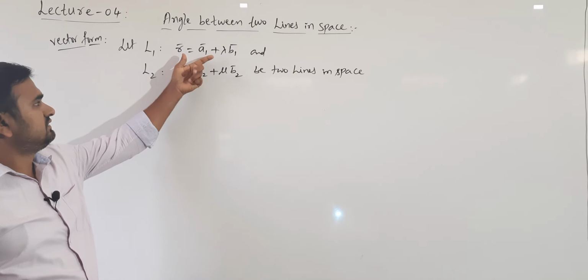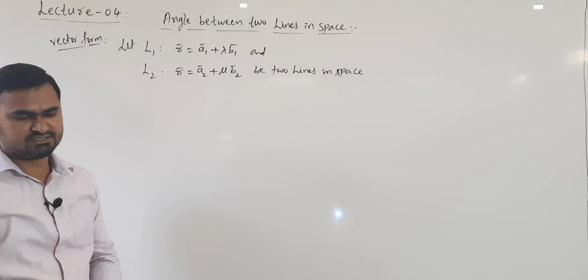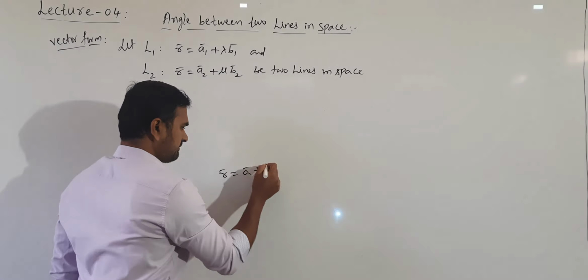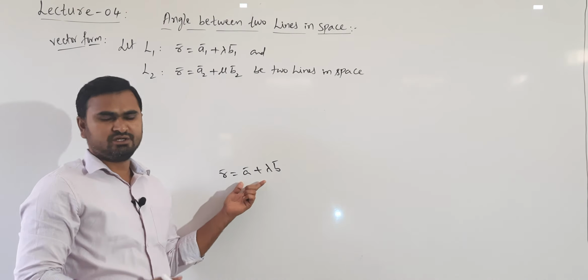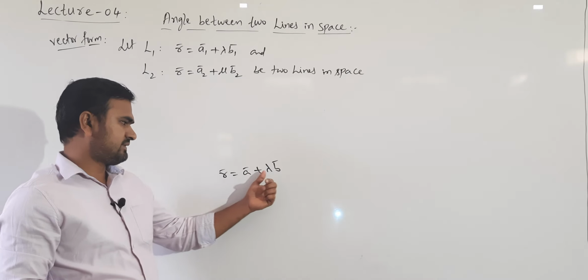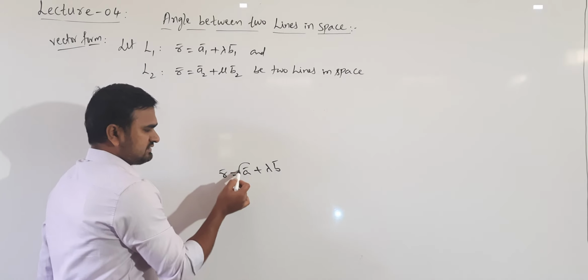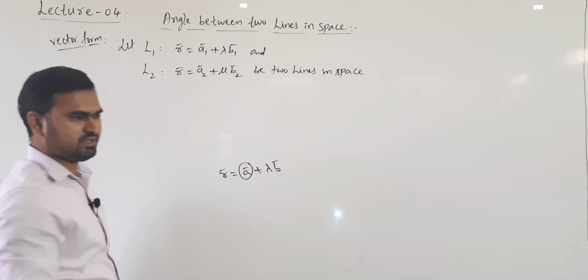If you observe, r bar equal to a1 bar plus lambda b1 bar, in the last class we derived the equation of a line in space, r bar equal to a bar plus lambda b bar. So this form of line will be used more. What does it represent? It represents a straight line in space passing through the point with position vector a bar.